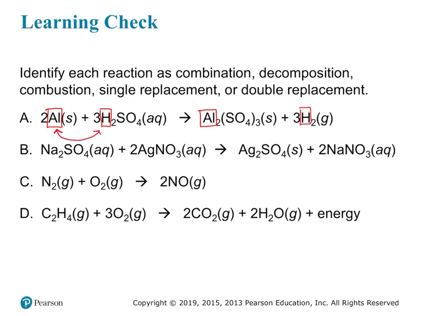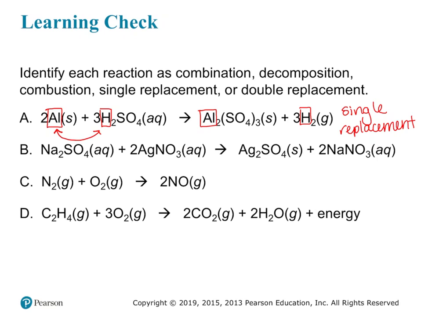So what type of reaction is this? A single replacement reaction. So we started out with just a single element and then a compound, and then the element replaced an element in the compound. So that is a single replacement reaction.